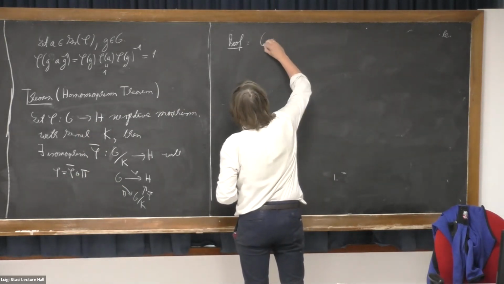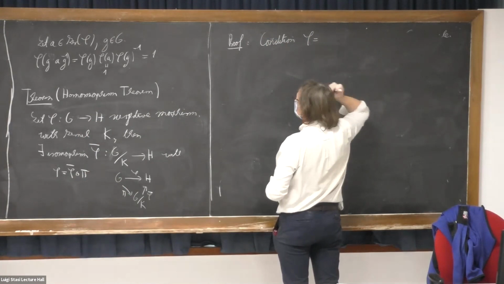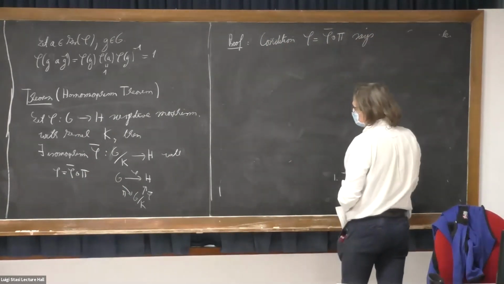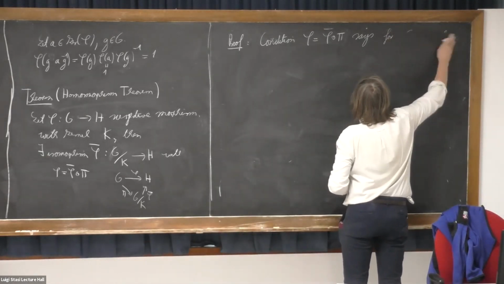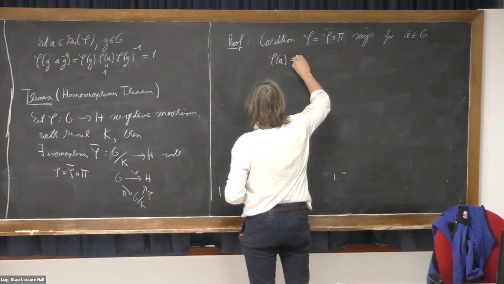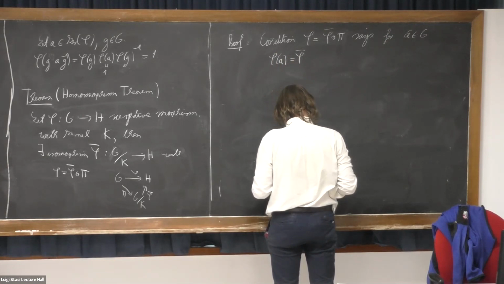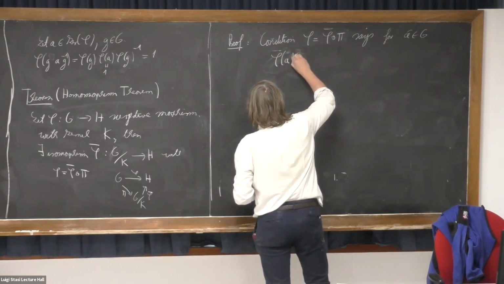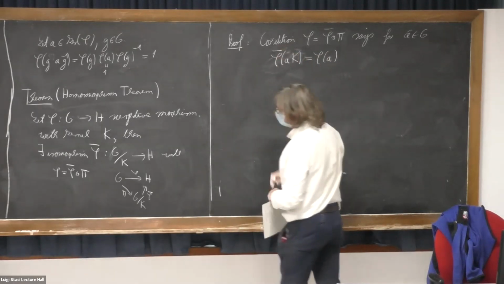So the condition P is equal to P bar composed pi says that for any A in G, we should have that P bar of AK should be equal to P of A. So that's what it said.